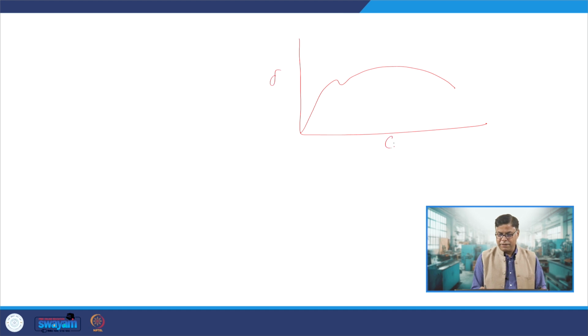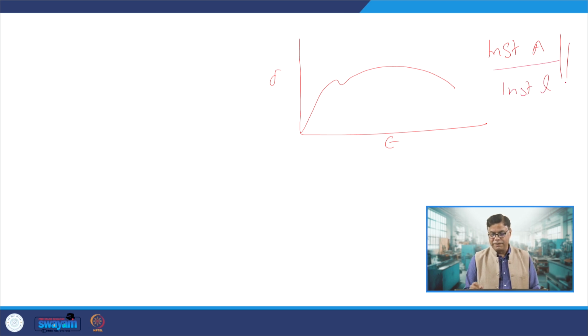But if we use the instantaneous cross sectional area and instantaneous length of the sample to calculate the stress and strain, then our curve will continue to show the positive trend. What it indicates is that the stress to cause the deformation will continue to increase until the fracture takes place.